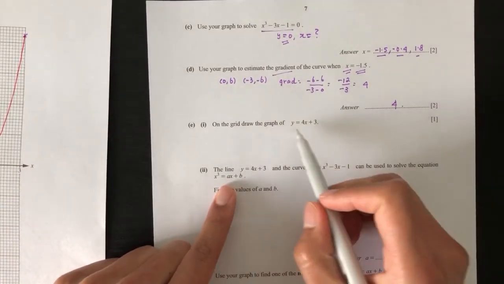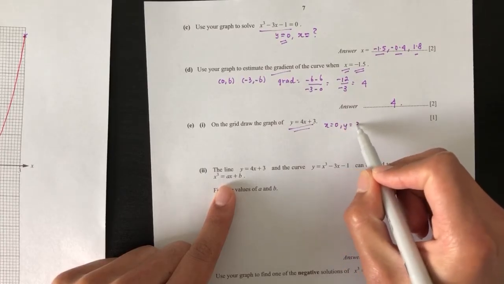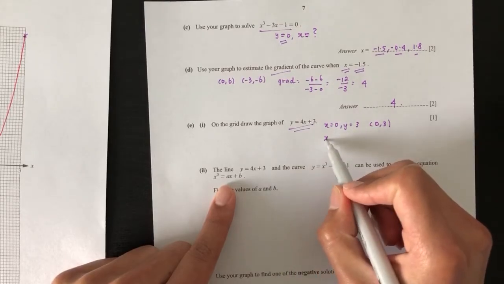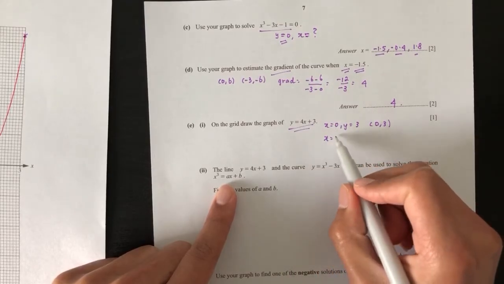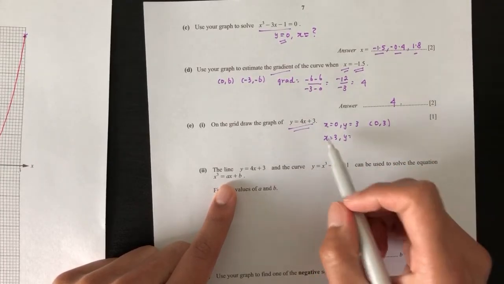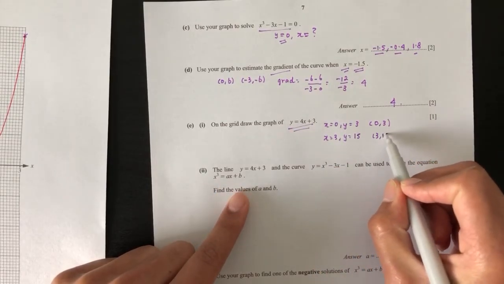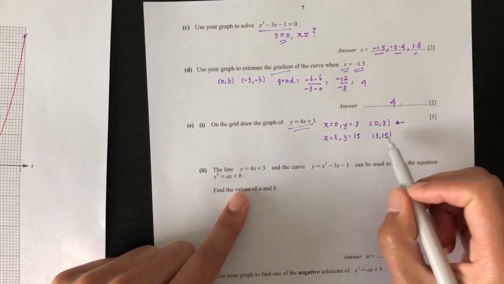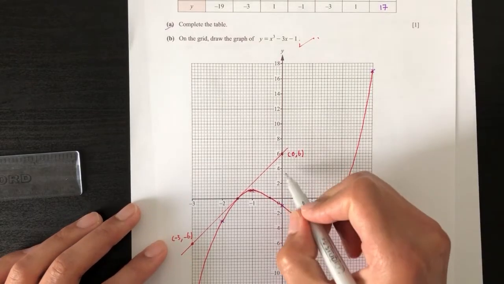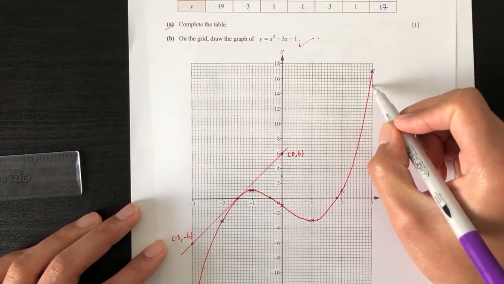Now moving on to the next part. On the graph, draw this line. So when x equal to 0, y equal to 3. That is your first point. 0, 3. Now let's say when x equal to 3, y equal to 12 plus 3, 15. So second point will be 3, 15. So we have 2 points, 0, 3 and 3, 15. 0, 3 will be about here, and 3, 15 will be here.